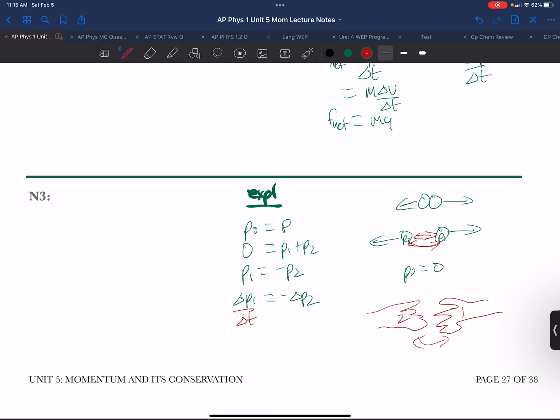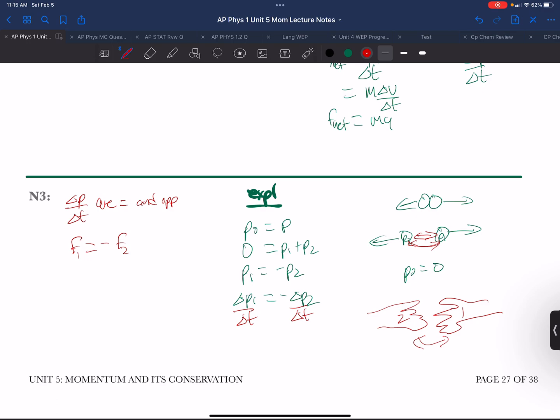So the rates of change of momentum are equal and opposite. So Newton's third law says that the delta P over delta T are equal and opposite. And since the rate of change of momentum is the definition of force, then for every force there is an equal and opposite force. When there is one force, there is an equal and opposite force, bringing about the change in momentum.